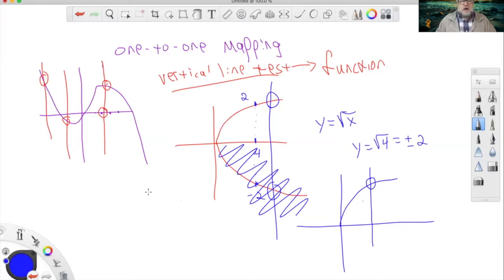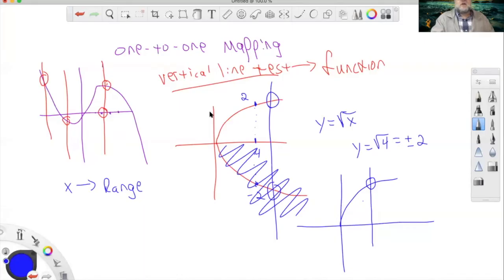Now, when we talk about x and y values, all the values of x are referred to as the range. Wait, let's pause it. Okay, we're continuing. I had to check that because I always screw it up.